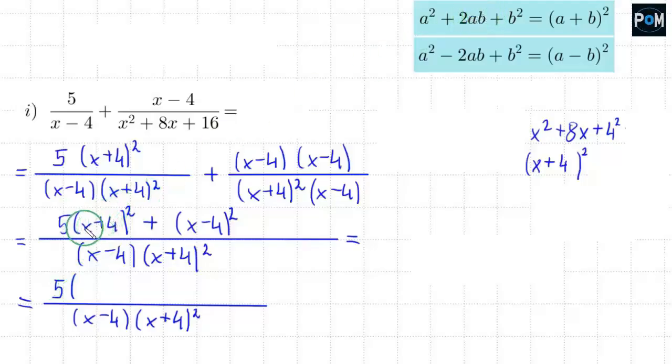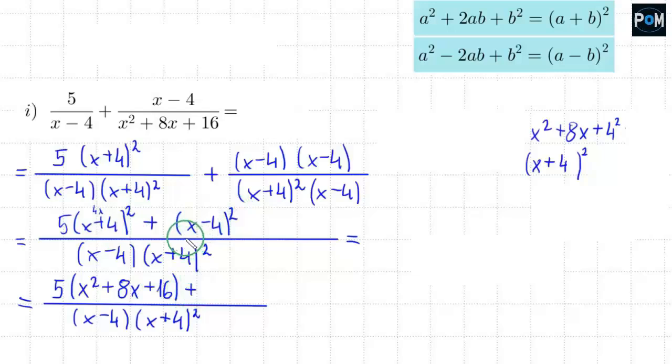And this formula works such that x is first squared, so x squared. Then I copy this sign from here, do x times 4, which is 4x, and I have to double those 4x, that will be 8x, and also add 4 squared, which is 16. I have this from the special product formula, but I also have another special product formula.